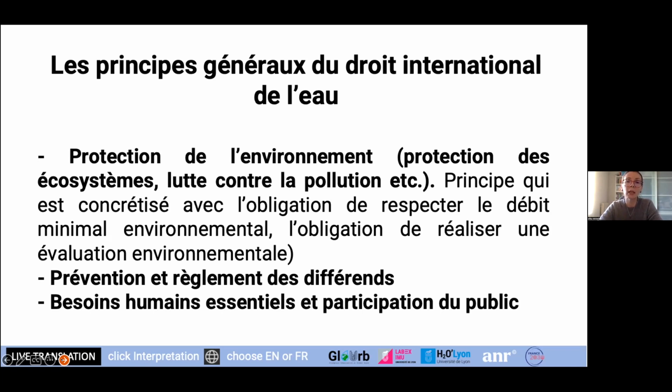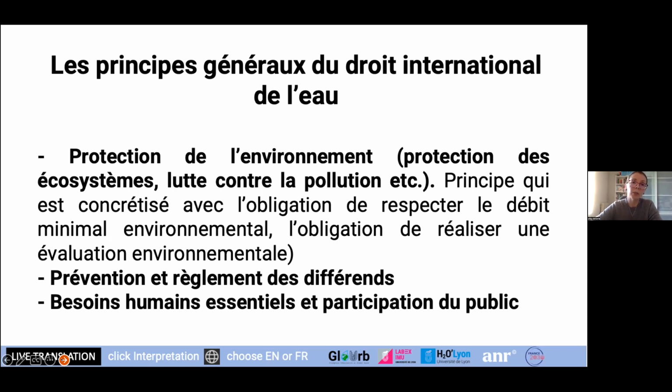And for example, things become concrete with the obligation that is based on case law, and that came up thanks to the work of the International Court of Justice, because the court outlines this obligation to respect a minimum environmental flow rate. So each bordering state must respect that and has the obligation to do environmental assessments when a state is thinking of setting up a project that might have a considerable damaging effect on the water course in question.